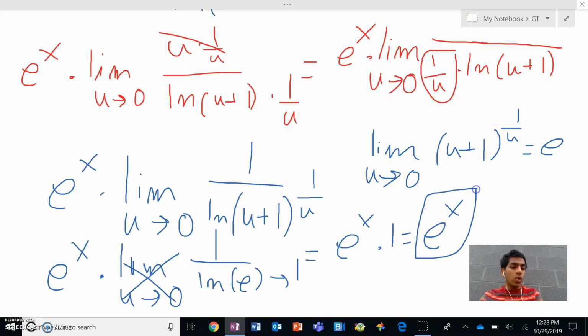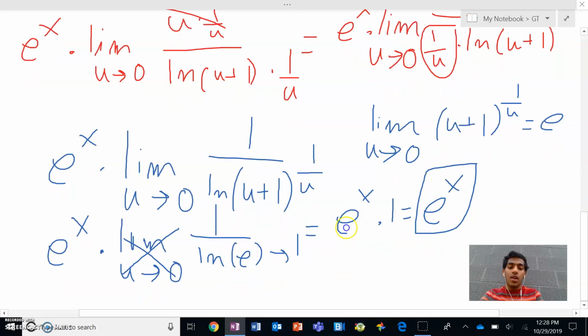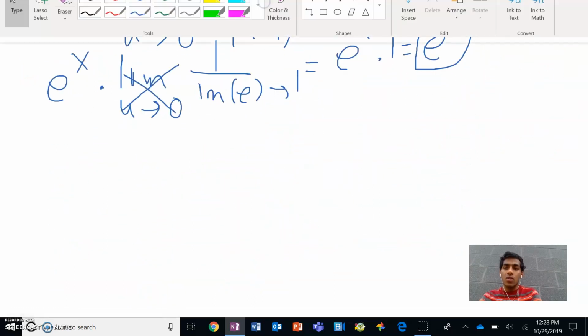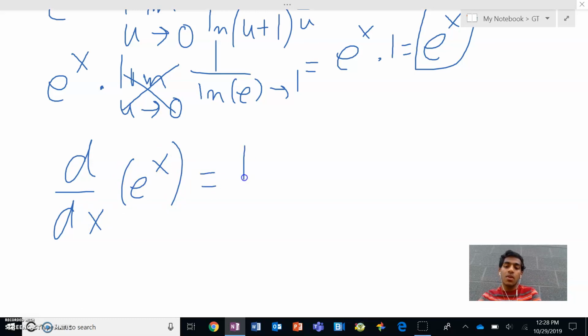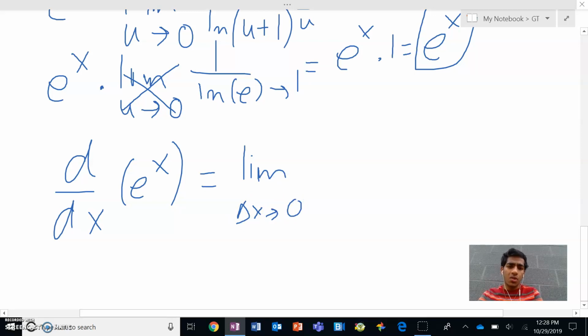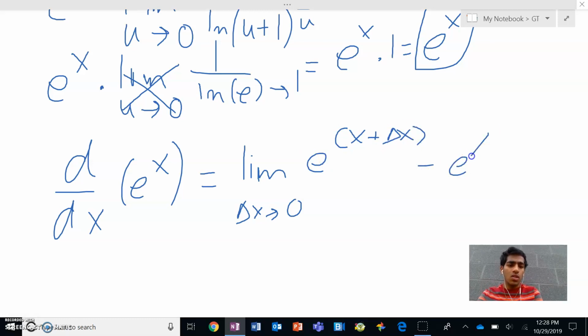And guess what that's equal to? The derivative of e raised to the x, because I just solved that. As I mentioned earlier, the derivative of e raised to x with respect to x is the same as the limit as delta x approaches 0 of e raised to x plus delta x minus e raised to the x over delta x.